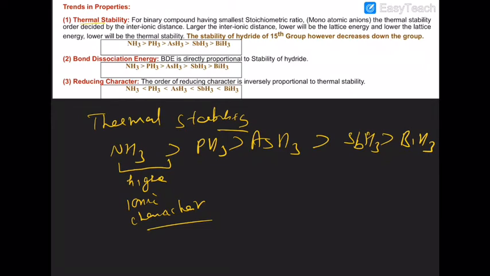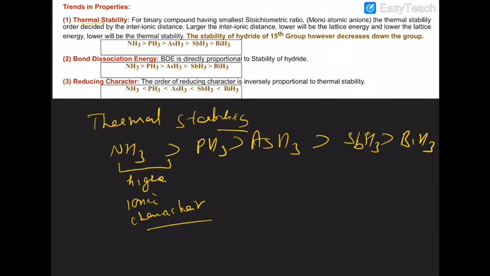So due to the high difference in electronegativity in the case of ammonia and phosphine, the nature of the hydride is mostly ionic. But as we move down the group, the nature of the hydride is covalent.